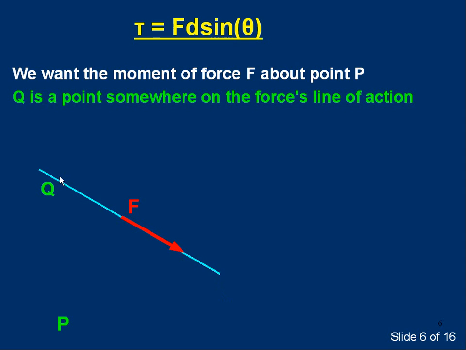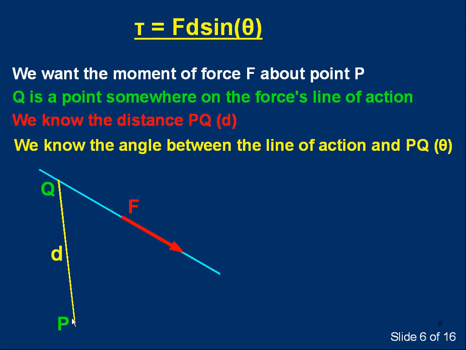And let's suppose in the question we are given the distance PQ. So we know the distance from the point about which we are taking moments to some point on the line of action. We know it's distance D. Let's mark it. We also know the angle between the line of action and PQ, so we know the angle between this line and the line of action.